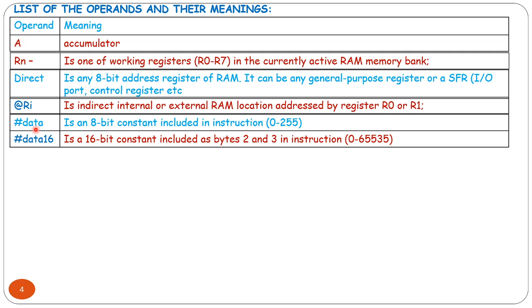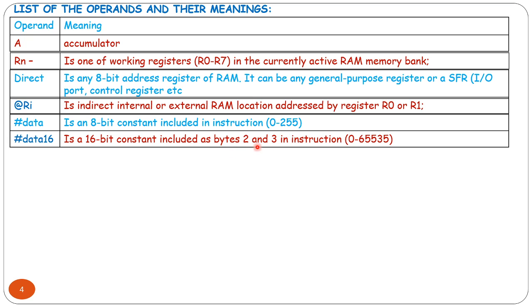This is hash data, #data. It is an 8-bit constant included in the instruction, and that value may be in decimal 0 to 255. So 8-bit data along with the instruction. Then #data16 is a 16-bit constant included as byte 2 and byte 3 in the instruction.